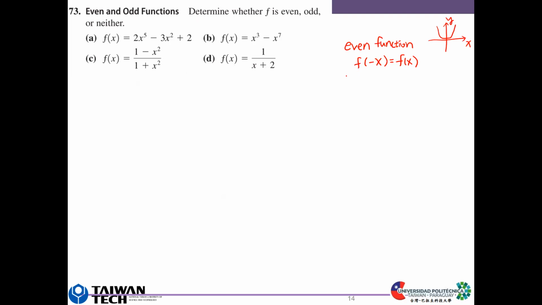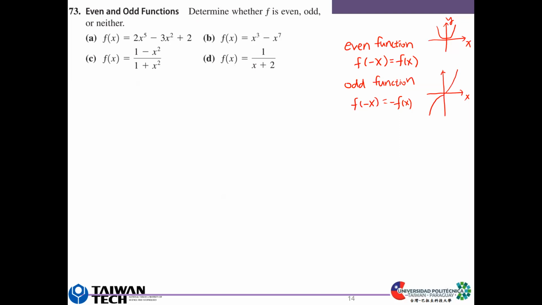And for an odd function, we have f of minus x equals minus f of x. So it is like x and y. Okay.